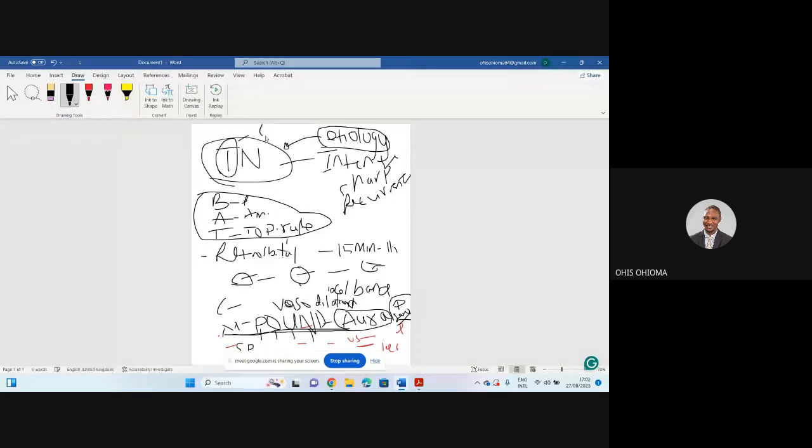This is a very high yield question that you must know. The sensory innervation to the face basically is by the trigeminal nerve, right? This is the face. So V1 supplies here, V2 supplies this region, and then V3 supplies here. So let me write this.